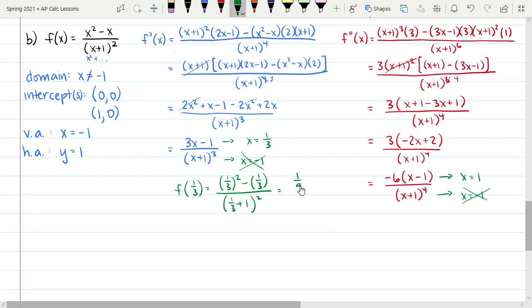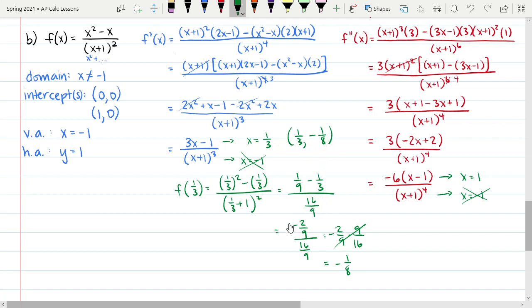Now that's going to be 1/9 minus 1/3 over 4/3 squared, which is 16/9. 1/9 minus 3/9, so that's going to be negative 2/9 over 16/9. And remember, that's the same as multiplying negative 2/9 times 9/16, and we finally get negative 1/8. So this is going to be at the point 1/3 comma negative 1/8.